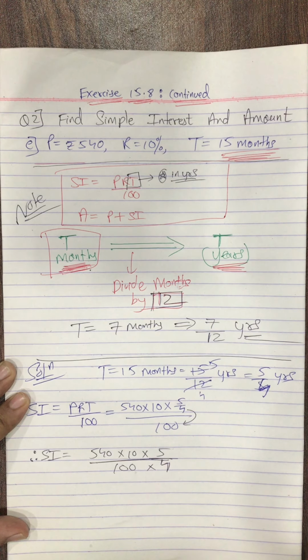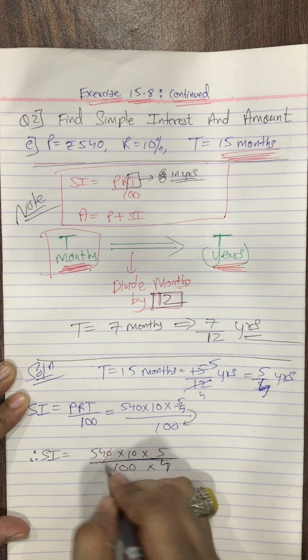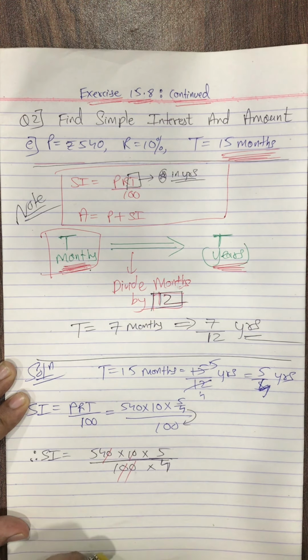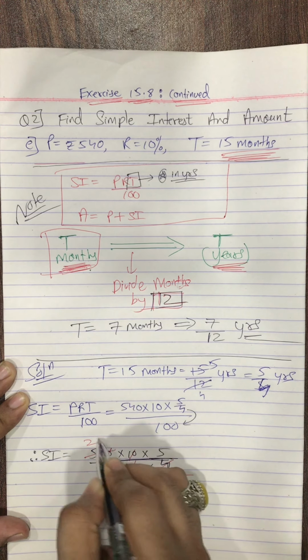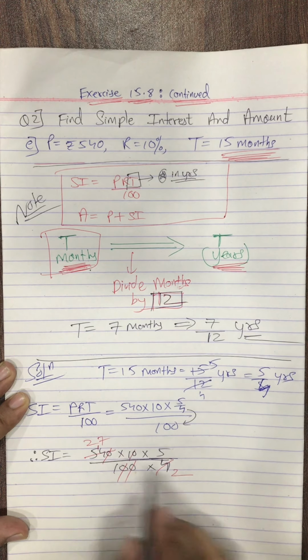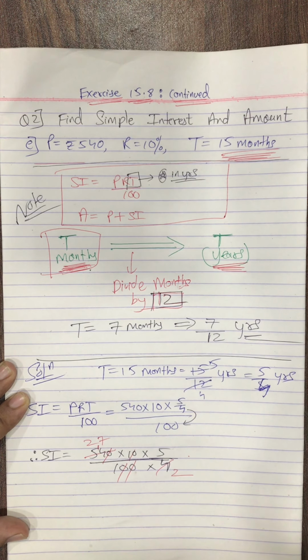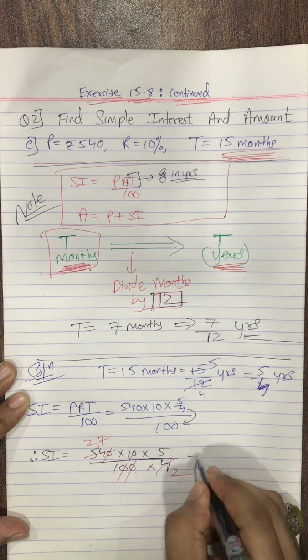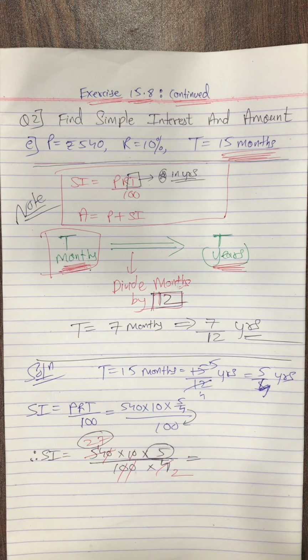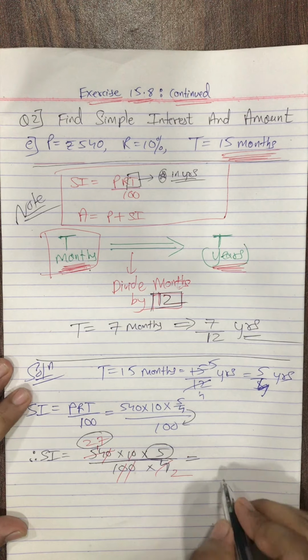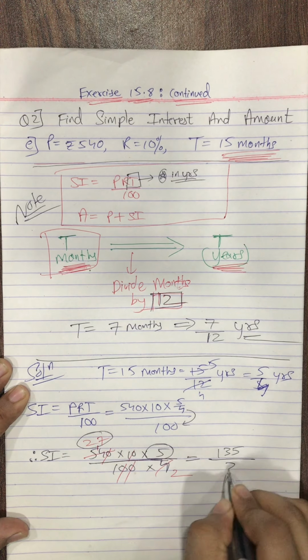Now see the cancellation, students. The zeros cancel. 2 twos are 4, 2 twos are 4, carry 1, it's 14. 2 sevens are 14. Further we cannot do any cancellation. Now 27 will be multiplied with 5, so you will get 135, and the 2 is down.